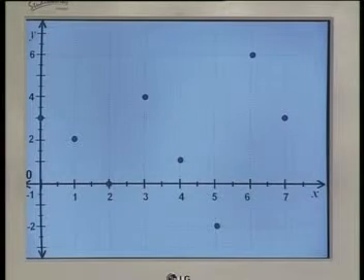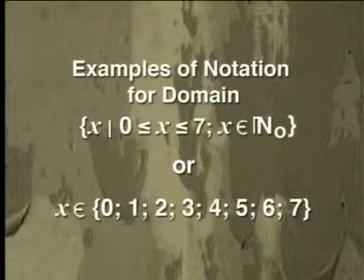Look at this graph. The input values are the numbers from 0 to 7. We can represent the domain as follows. Look carefully at the notation that is used. Remember what you saw on the graph.